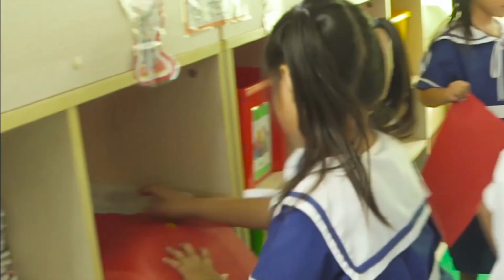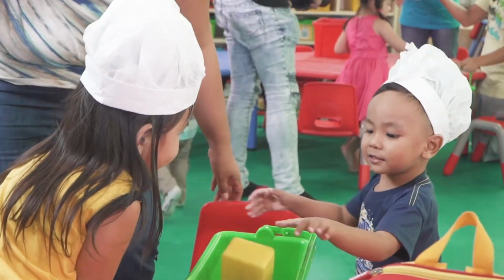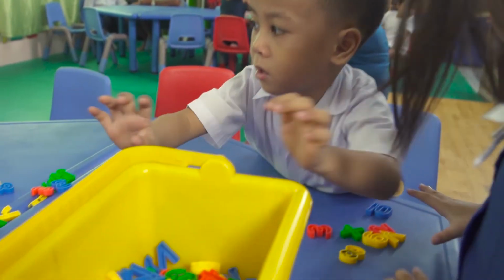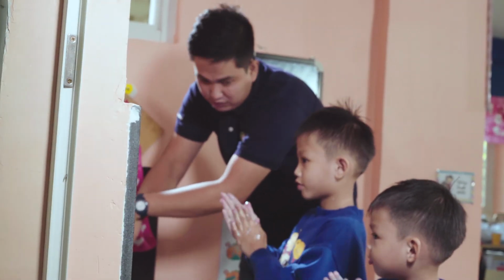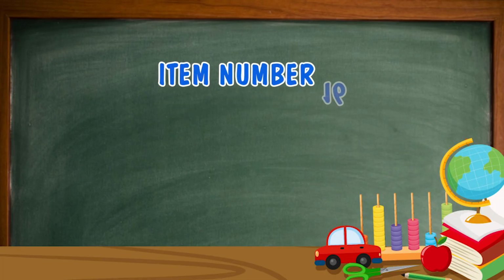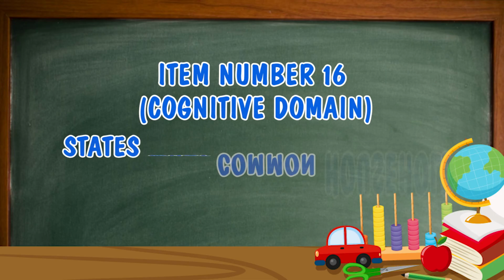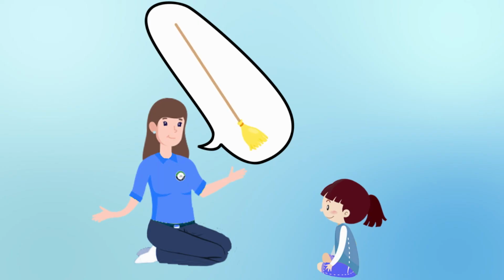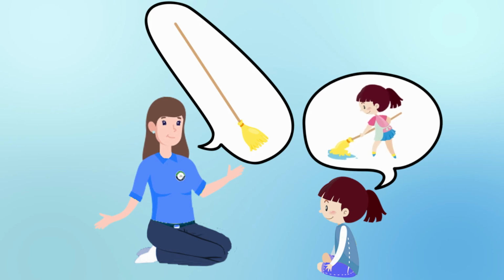Whenever children are packing away materials and toys around the classroom, the teacher can also engage them in conversations about the functions of different objects. From these interactions, the children may be assessed for item number 16 under the cognitive domain. States what common household items are used for. Makapagsasabi kung para saan ginagamit ang mga gamit sa bahay.